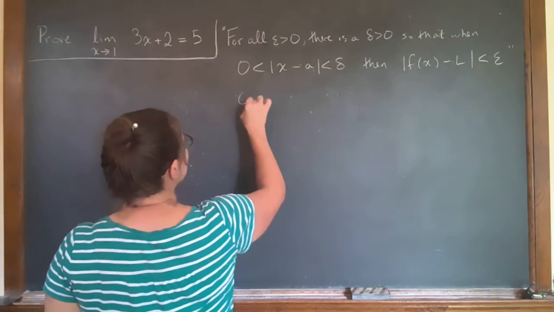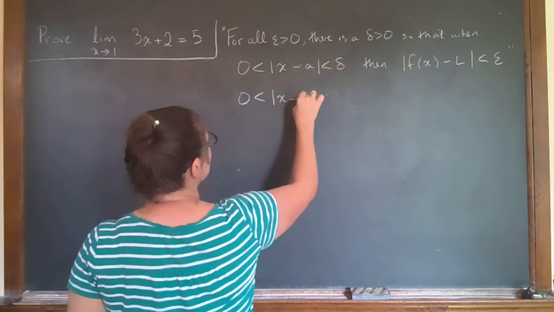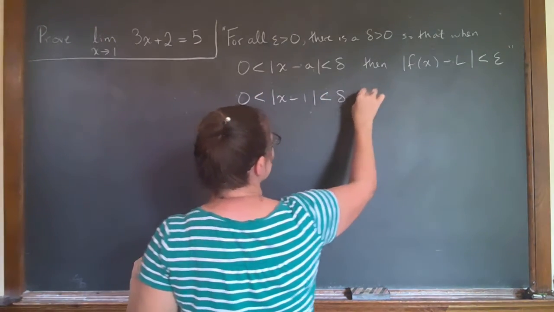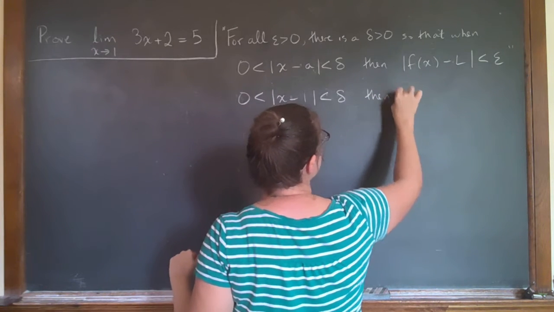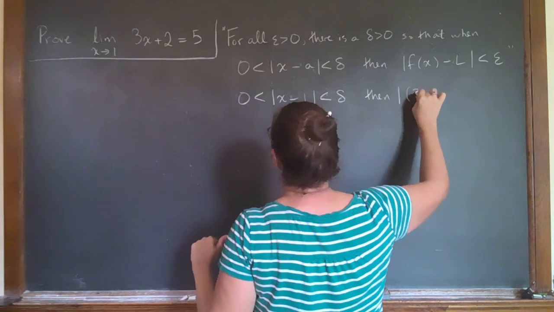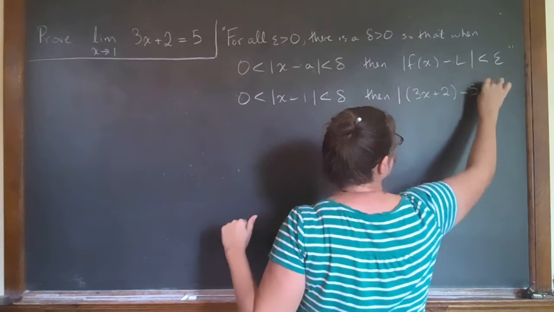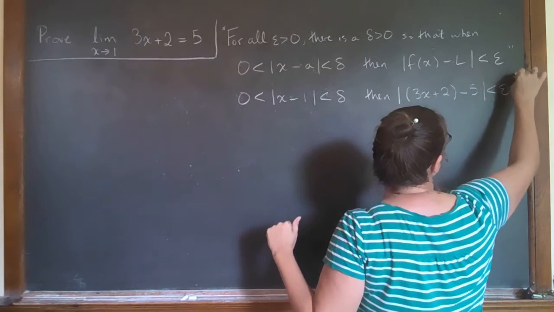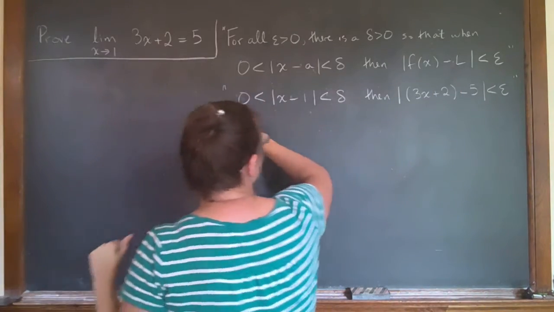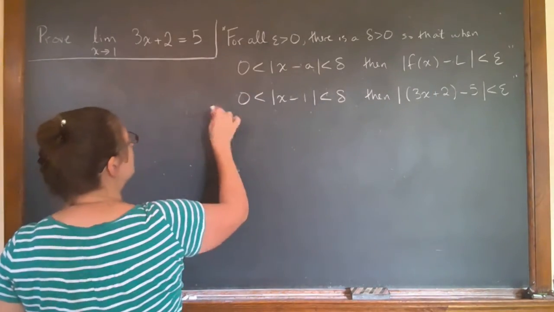So that would be writing like this: absolute value of x minus 1 is less than delta, then absolute value of 3x plus 2 minus 5 is less than epsilon.